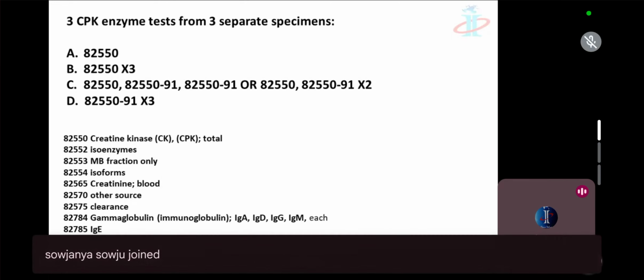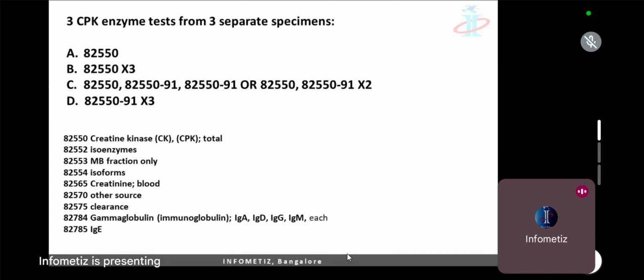It's a straight one-line question. How are you going to perform 3 CPK enzyme tests from 3 separate specimens? No need to check the book, all codes are the same. Sir, option B. B, C. Why are you taking too much time?